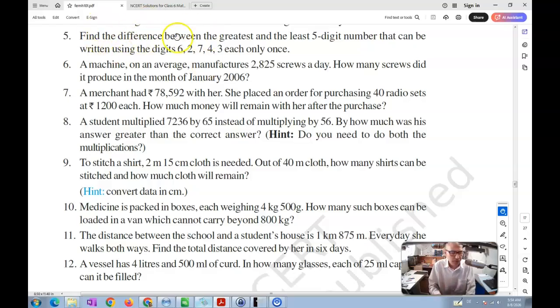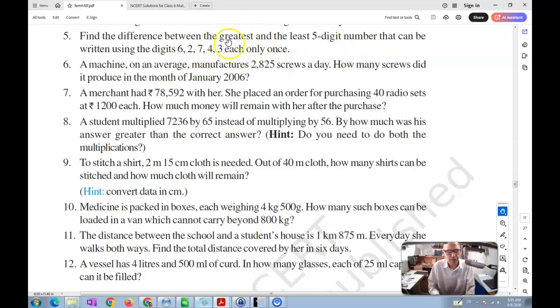Number 5, we have find the difference between the greatest and the least 5-digit number. The least means the smallest. The least 5-digit number that can be written using these digits, each only once.